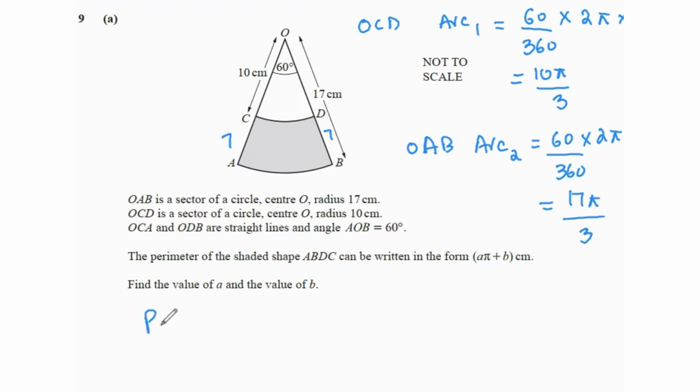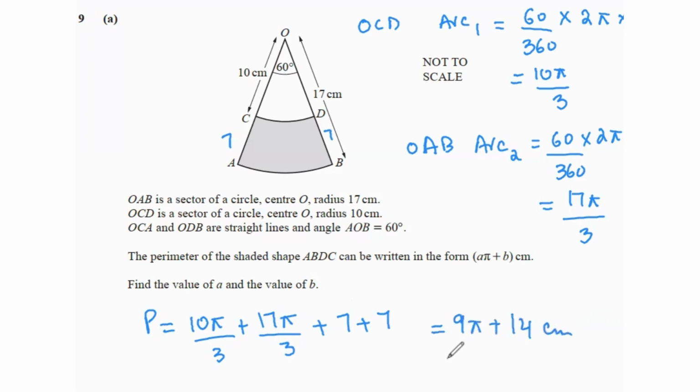So now perimeter is going to be 10 pi over 3 plus 17 pi over 3 plus 7 plus 7, which is 9 pi plus 14 centimeters. So A is 9, B is 14.